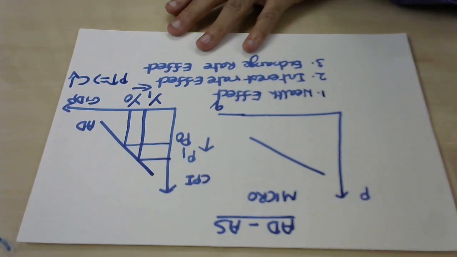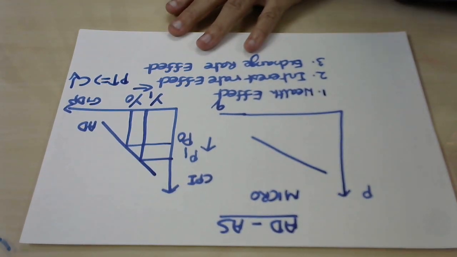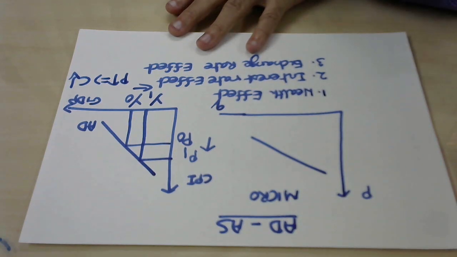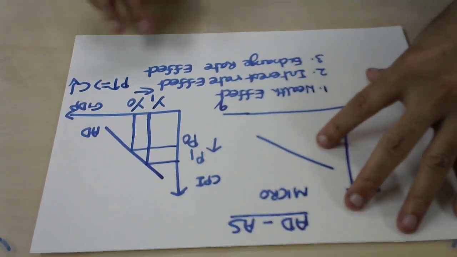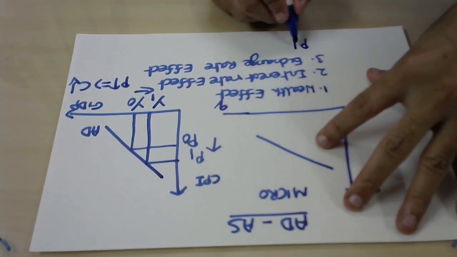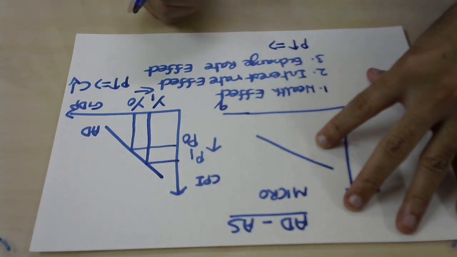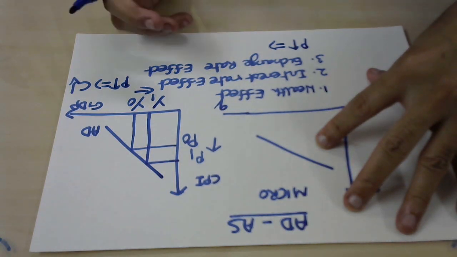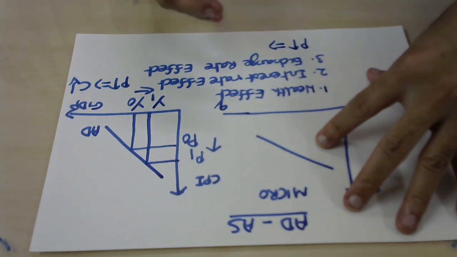Now, how does the interest rate effect work? When price level goes up, we said to carry out the old transactions, you need more money. When you require more money, you are making more frequent withdrawals from your savings bank account, which leads to a situation when more and more people are withdrawing larger amounts of cash.